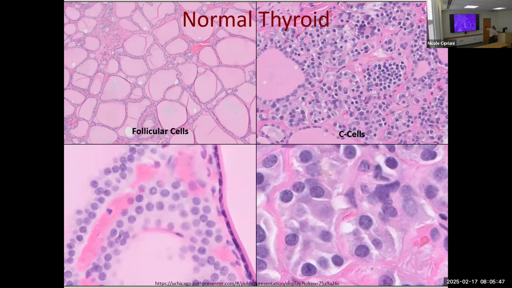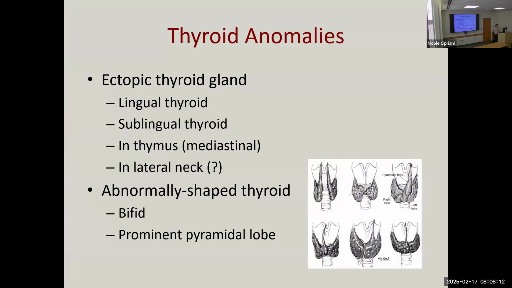They look like collections of nests, and sometimes they even undermine the follicular epithelium, so you may see colloid. And on high power, they have this granular cytoplasm because they've got neurosecretory granules in them that produce the calcitonin, and very finely stippled chromatin. So, C cells versus follicular cells.